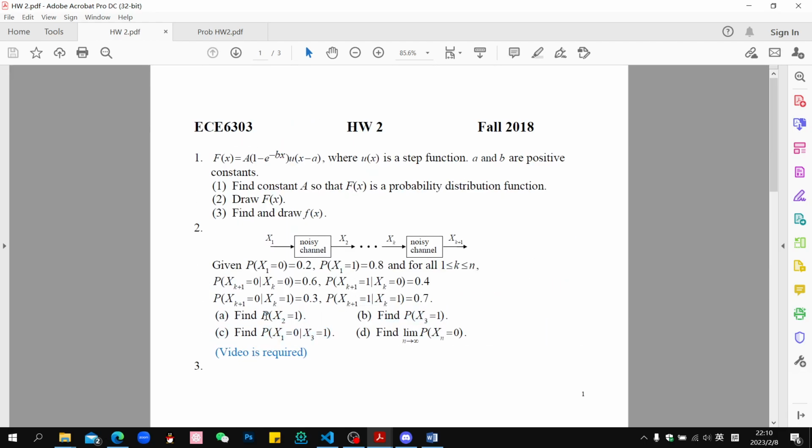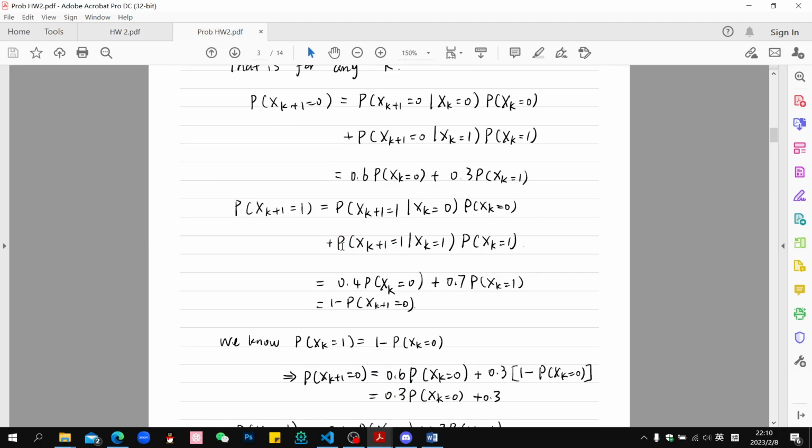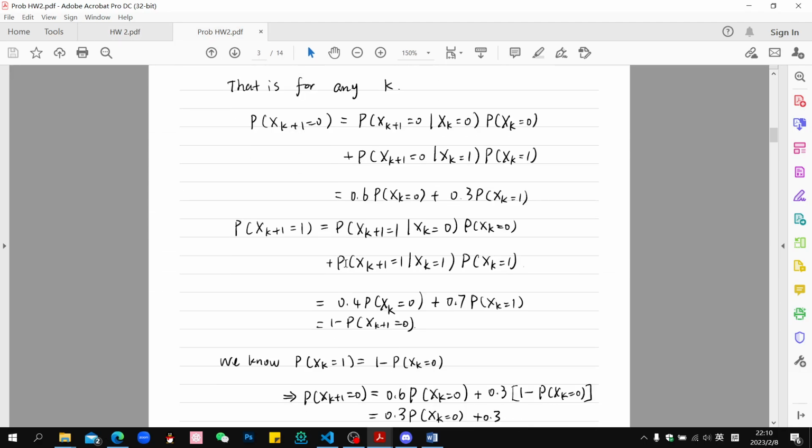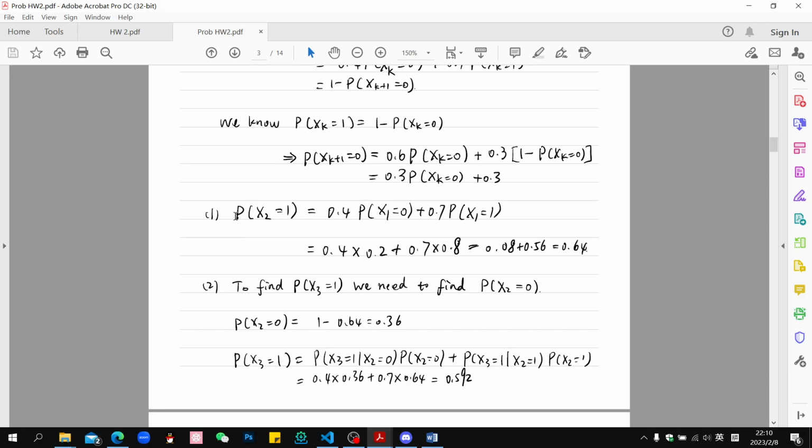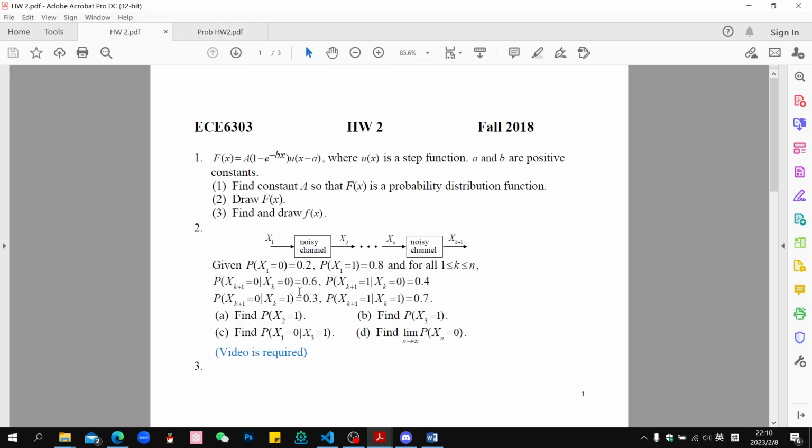results. To start with, we'll start from here. So basically, the probability for x2 to be 1 equals... Let me see.